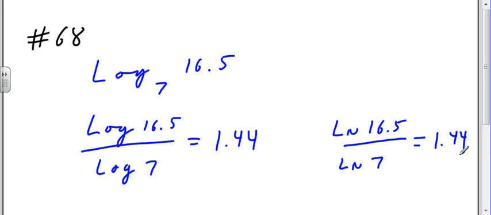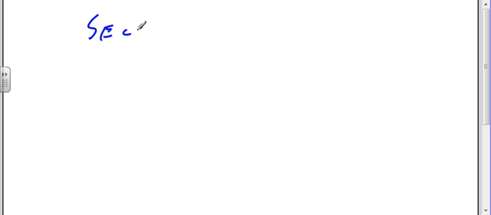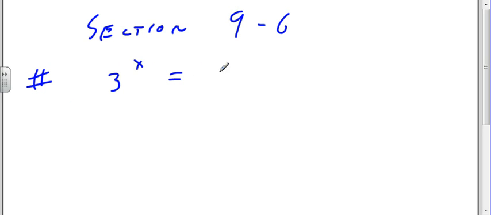Okay, now we're going to go to section 9.6 and solve for x. Now, how many times have we solved for x? Seems like that's all we ever do, right? Just solve for x. So we're continuing our solving for x. All right, we'll start with number 1. 3 to the x is equal to 12.